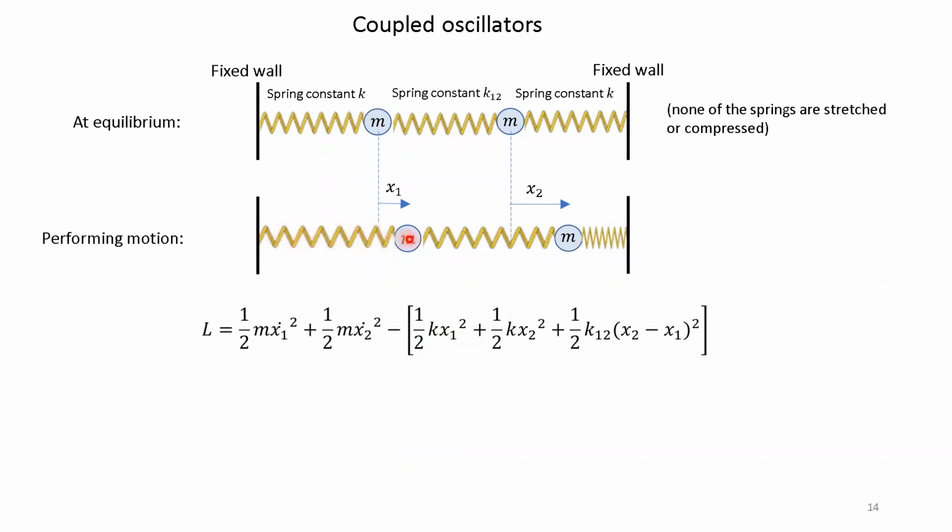The nice thing is that it doesn't matter whether this mass has gone to this side or the other side. If this mass is going to the other side, then your x1 will be a negative number, but that doesn't matter, because I have this k x1 squared.